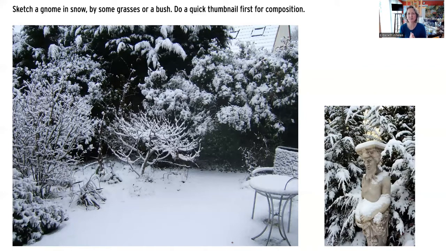The paper color can be the branches or whatever you'd like it to be. You can make the dark of the foliage you see here the paper color and just add a little bit of dark in there and have the snow piling on top of your gnome and some of the grasses or bushes or whatever you have around.